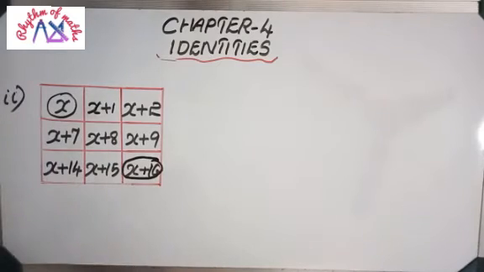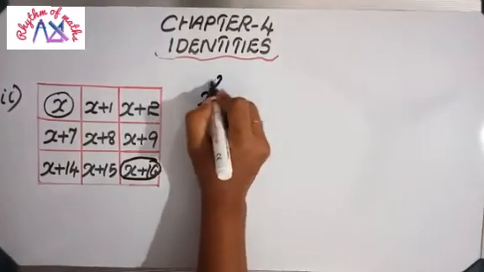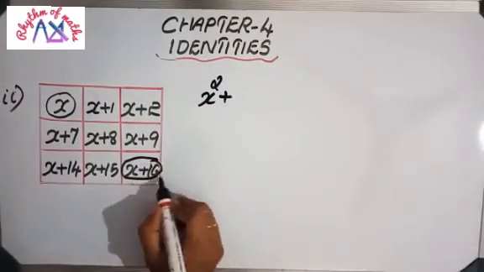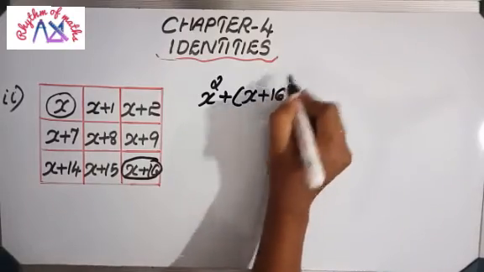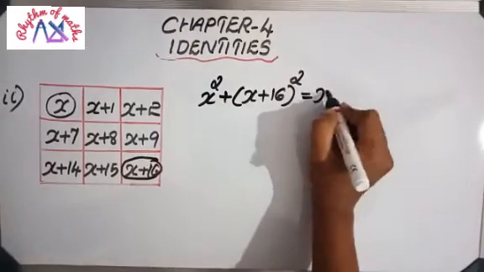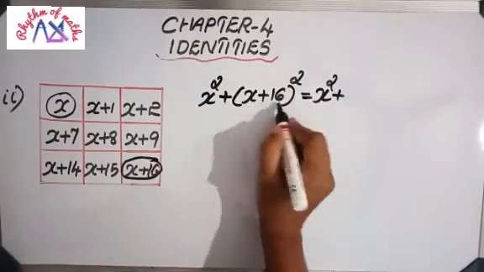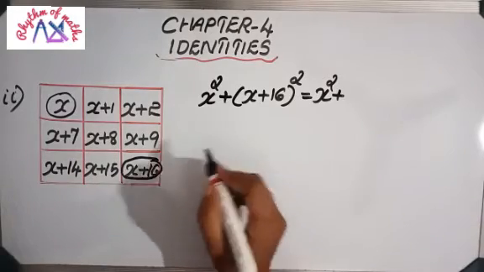This is the first one. So let's do, that means square. So first is x square plus next number x plus 16, so x plus 16 whole square. Okay, now x square is x square itself plus x plus 16 the whole square means identity. Okay, x plus y the whole square identity.